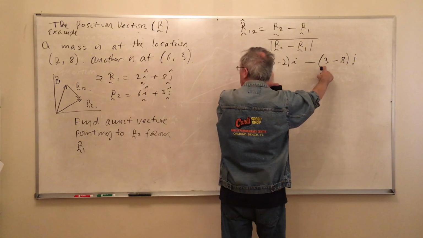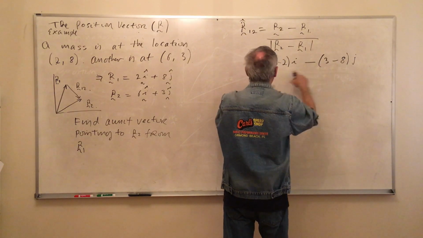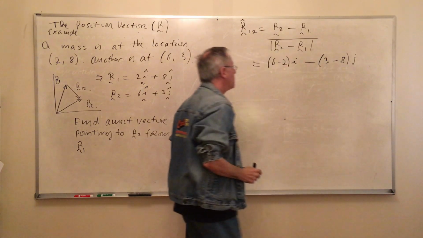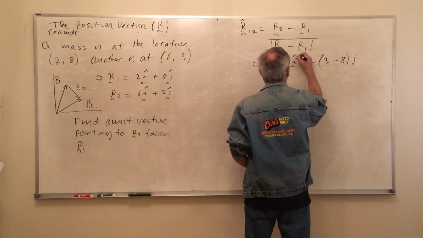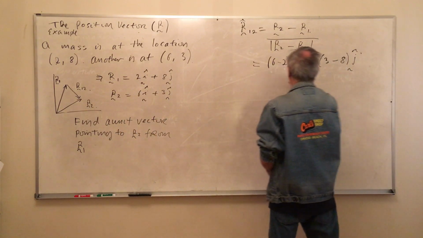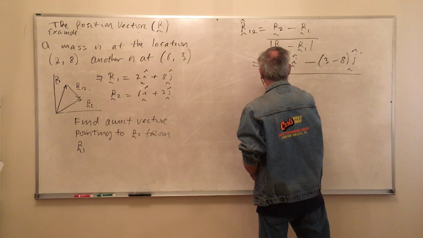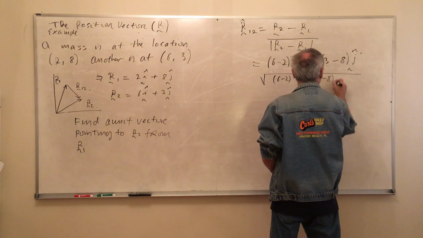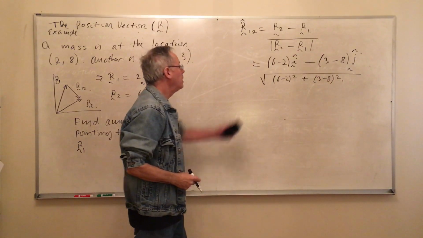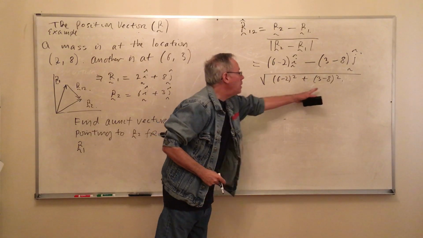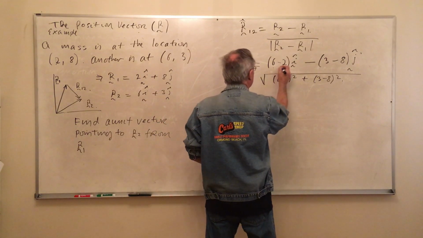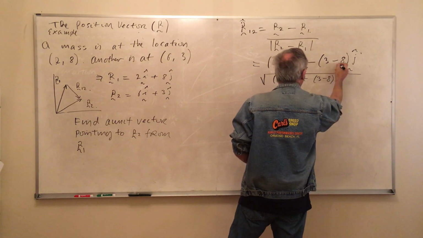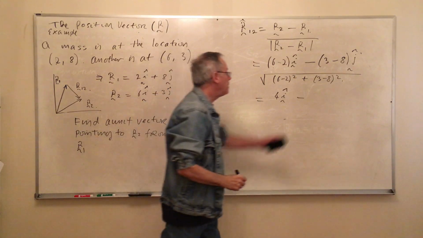R2 is 6i plus 3j. R1 is 2i plus 8j. Subtract them and we get that. Well, to find the magnitude, we just square the components. 6 minus 2 is 4i. 3 minus 8 is negative 5j.